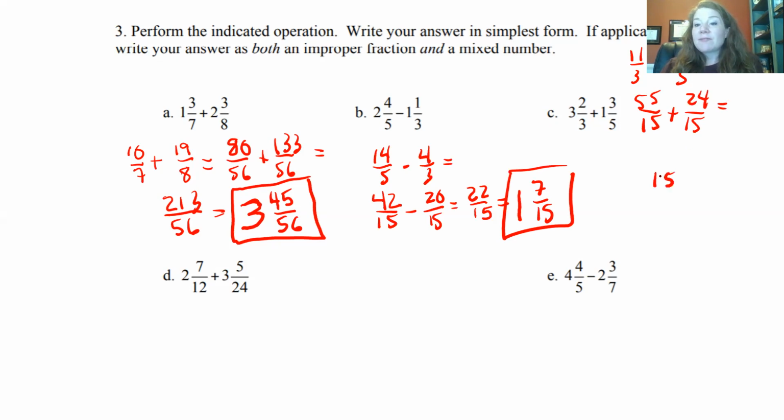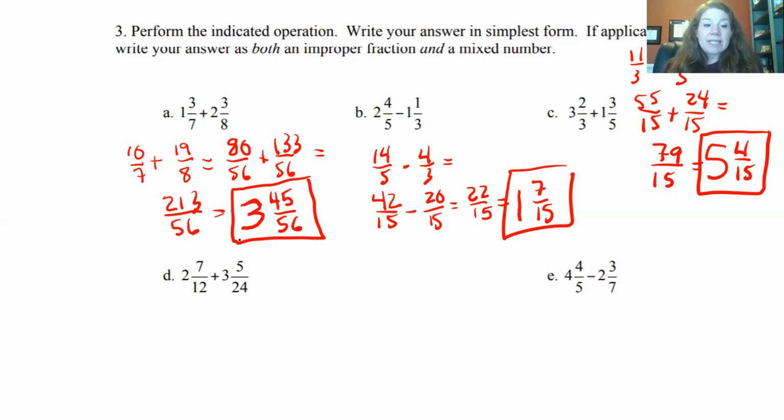Our denominator is 15. So we have 55 plus 24, and we get 79. 15 can go into 79 5 times. So 15 times 5 is 75, which means there's a remainder of 4 over 15.